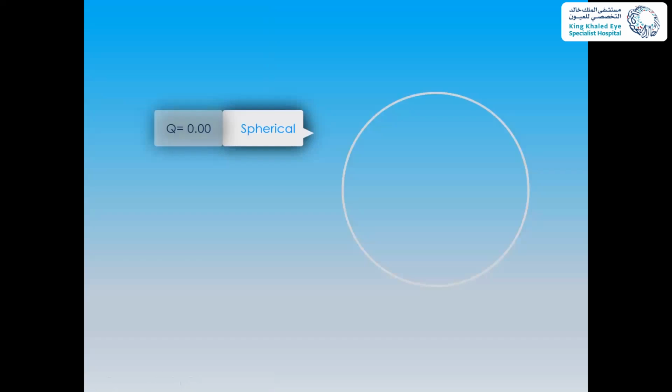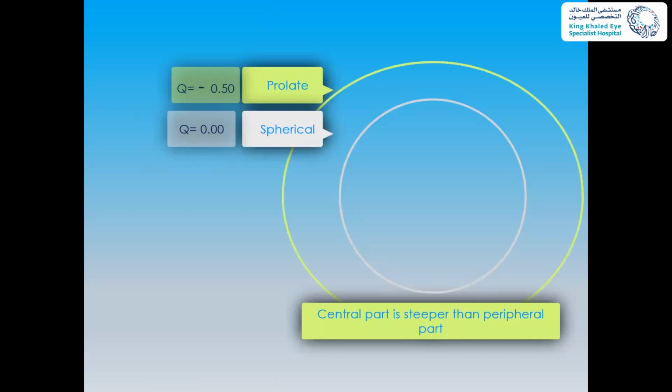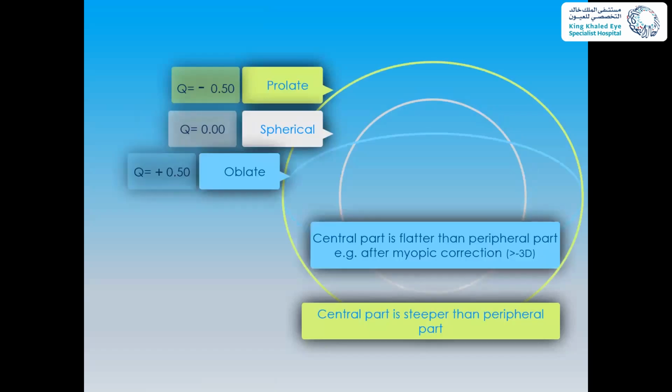Q value is 0 if something is a sphere. As it goes steeper in the center and flatter in the periphery, like the cornea, it's prolate, so the Q value goes towards the minus. If it is oblate, where it is flatter in the center and steeper in the periphery, like after post-LASIK correction, it goes towards plus.